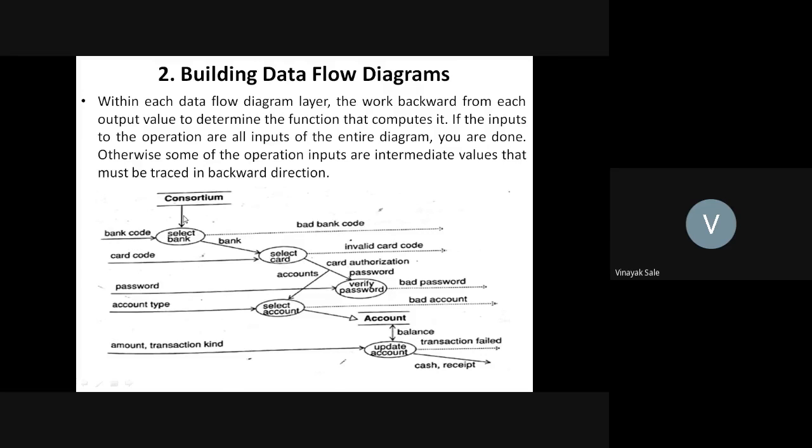So this is the consortium. Whenever the user enters a card to the ATM, the bank code, that is, select bank, then go to the bank, select the card, that is the card code.